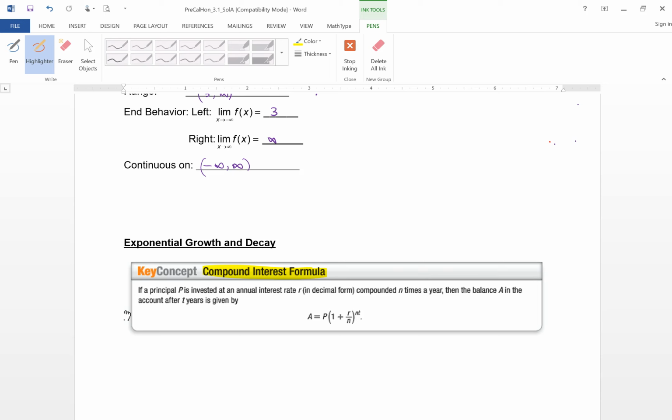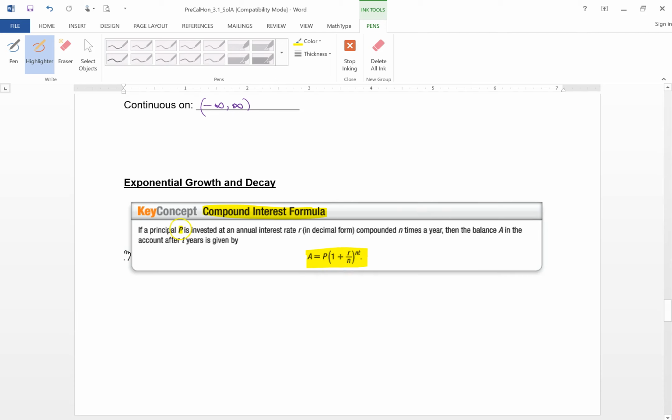Compound interest is when throughout the term, you're being paid money. And depending on the type of product, type of bank account, you get paid either monthly or quarterly or annually, okay? All right. So what we have here is the formula for compound interest.